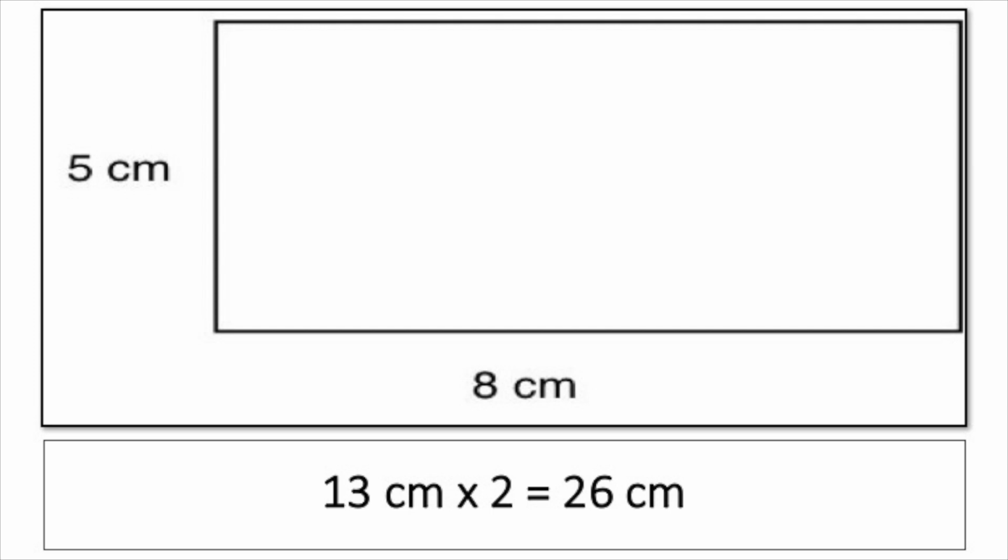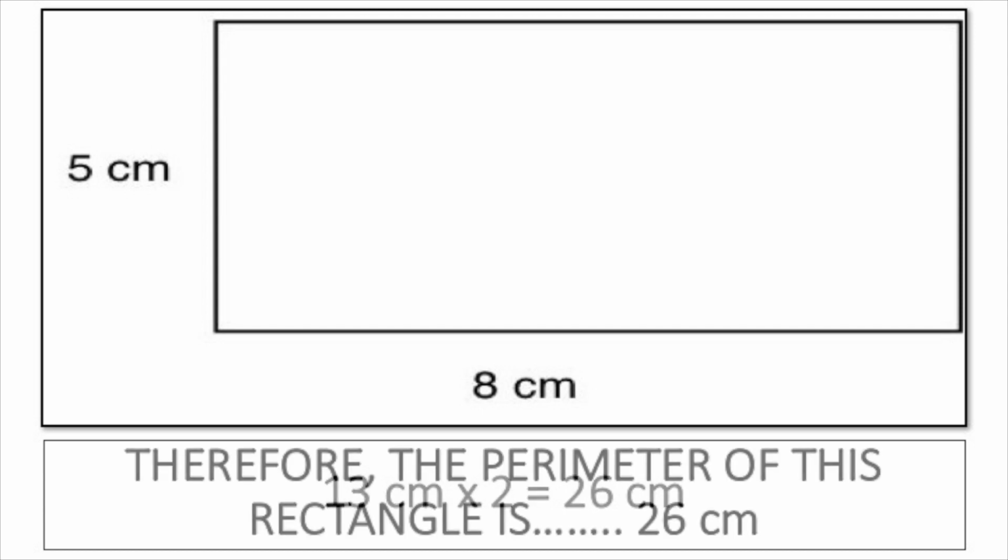So our fourth side, 18 plus 8 centimeters equals 26 centimeters. You see how by knowing these 2 sides, we automatically know the length and the width of these 2 sides because they're the same. Therefore, the perimeter of this rectangle is 26 centimeters.